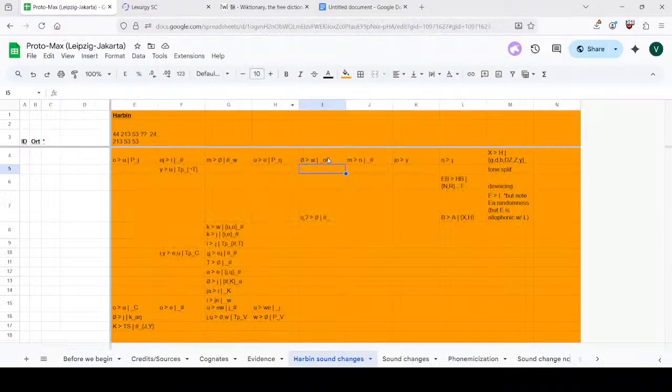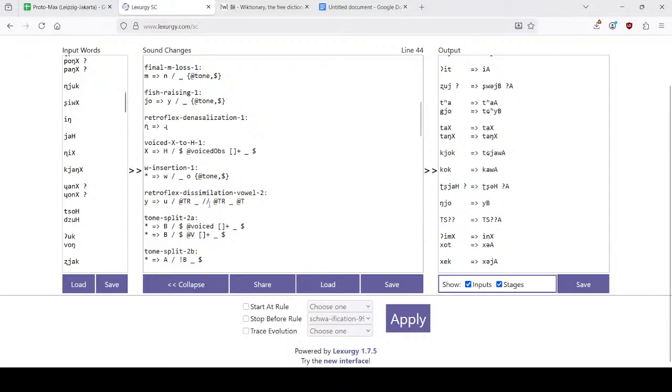Except before velars, actually. I almost forgot about that. Except before velar, because if that happens, then ngol would be 我, but I don't think that's the regular reflex. Or yeah, 我 is infamously not a regular reflex, at least according to people who know more about this than me.